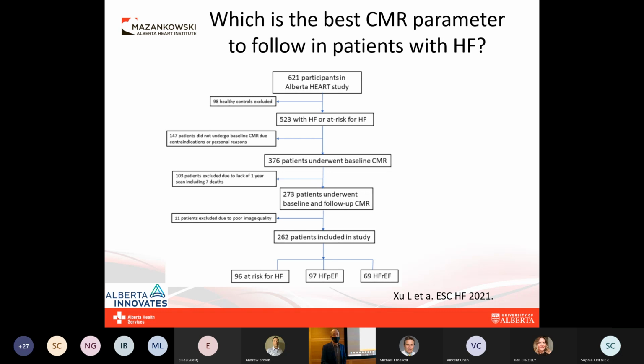So what we decided to do was look at the data, which was gathered from Edmonton and Calgary, and we hypothesized that there is likely a CMR parameter over 1 year that can be used to help predict outcomes for these patients. So we looked at the change in CMR parameters at 1 year. In this case, we examined 262 patients that we had 1 year data on.